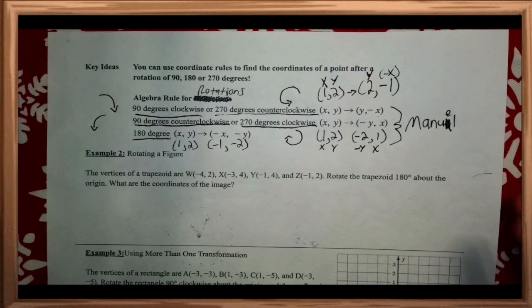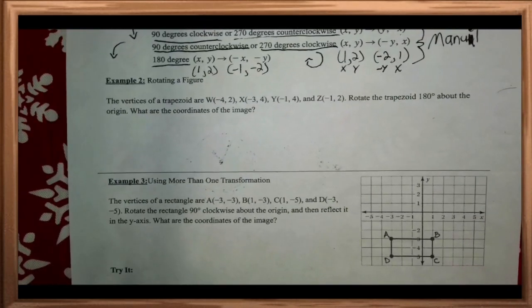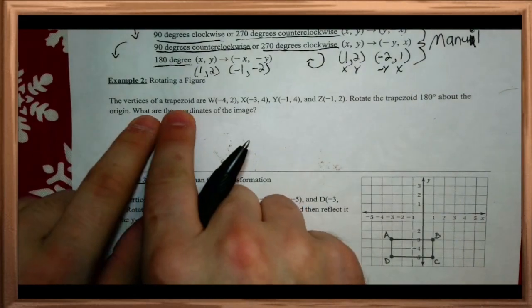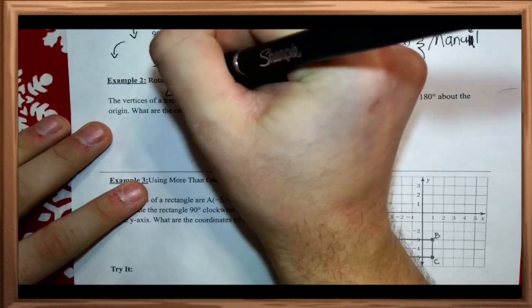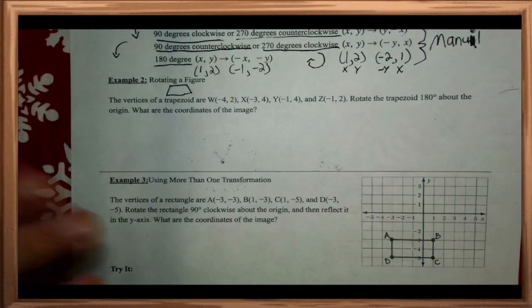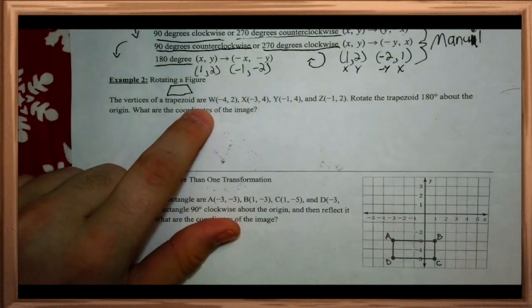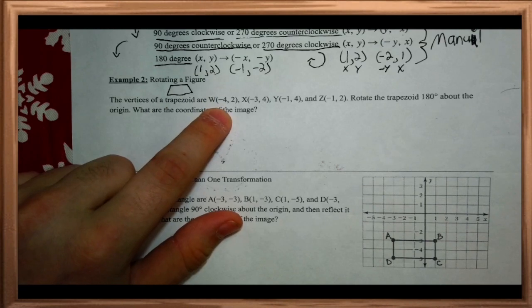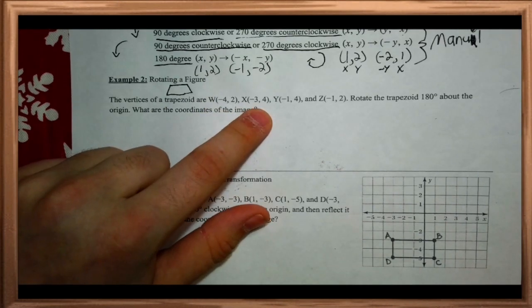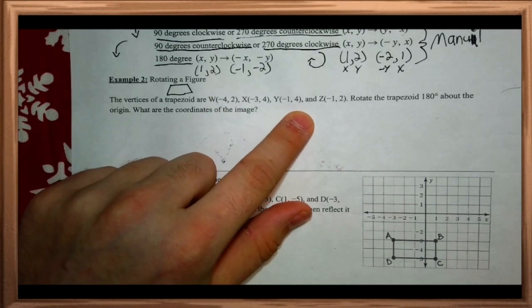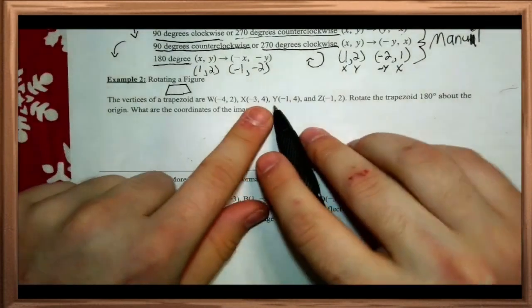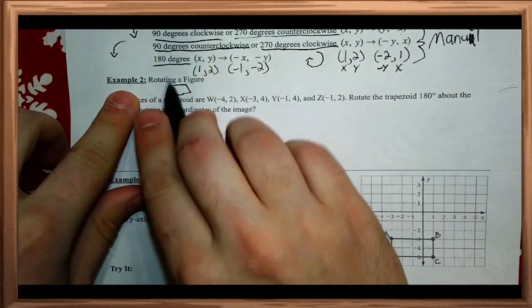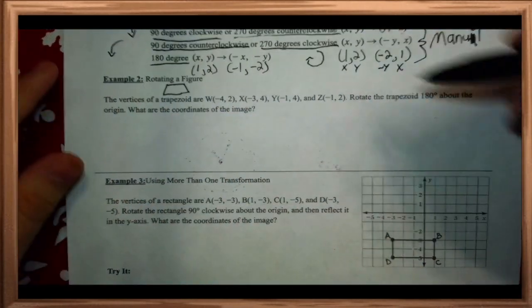Okay, let's look at what we have. The vertices of a trapezoid, a four-sided shape that looks a little bit like a flipped over pie. They are negative 4, 2, negative 3, 4, negative 1, 4, negative 1, 2. So we have 4 coordinates for each of these 4 corners.